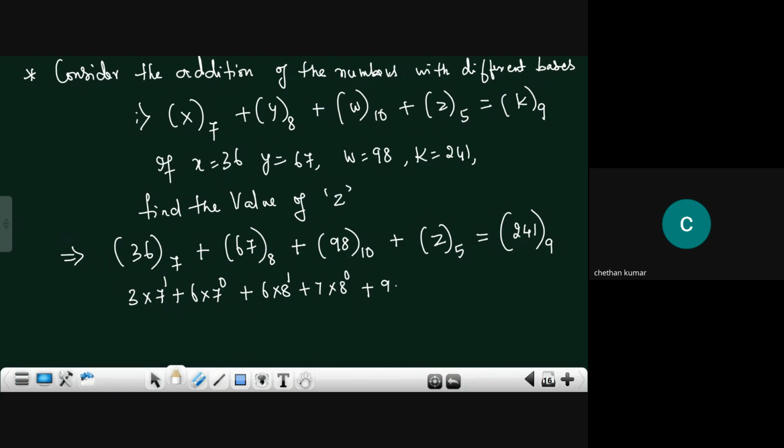I can write 9 into 10 power 1 plus 8 into 10 power 0. Weighted power. And here, how can you represent Z of 5, how to convert into decimal? Z into 5 power 0.